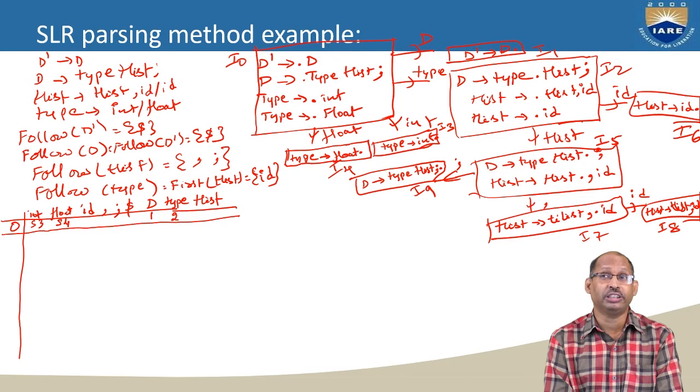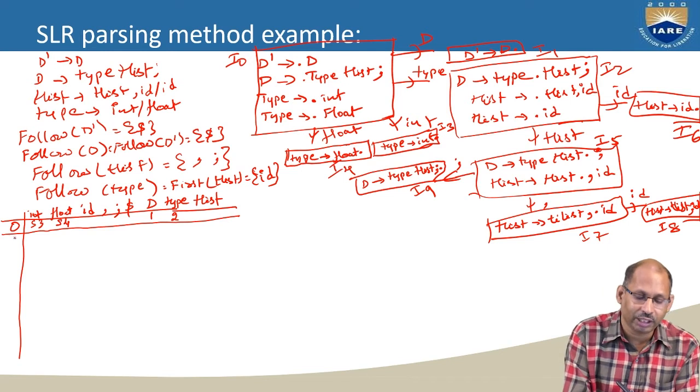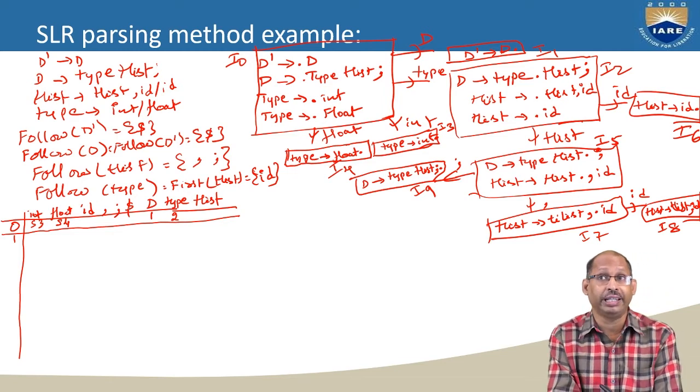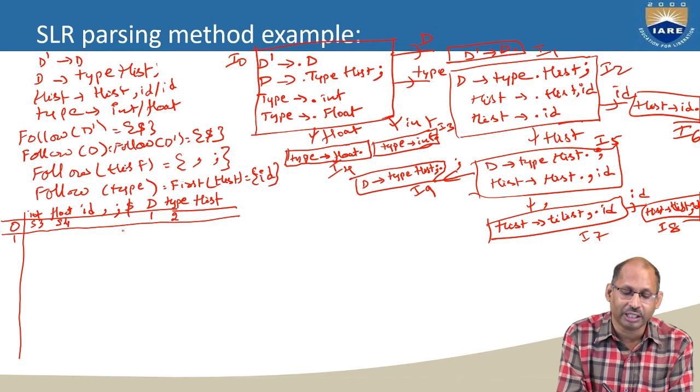What is the special production? D dash gives D dot. Simply, we write it on follow of D dash. What is the follow of D dash? Dollar sign. Simply write accept.